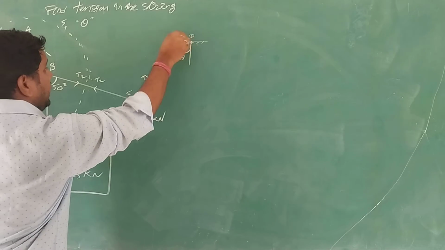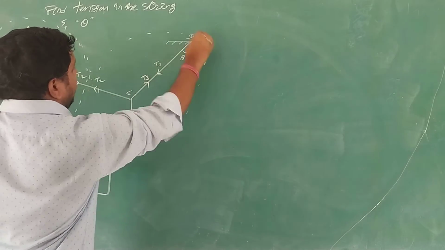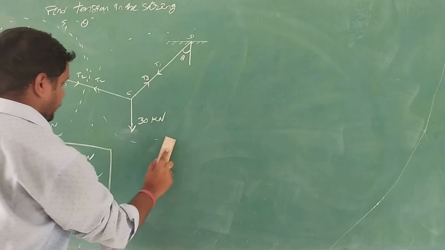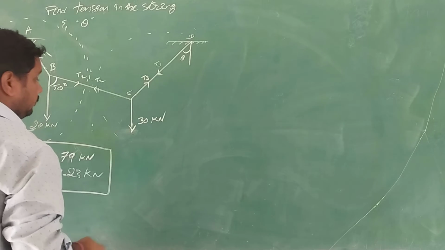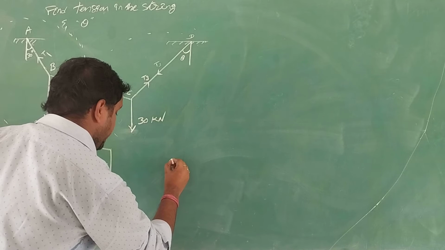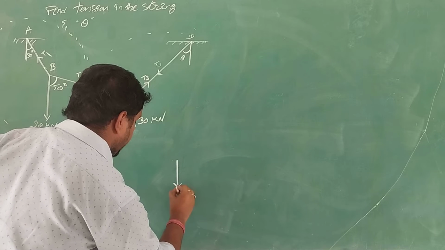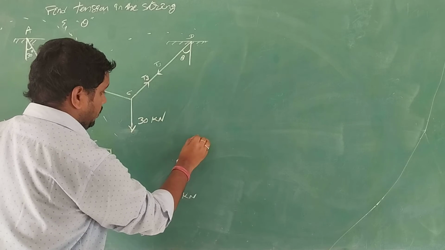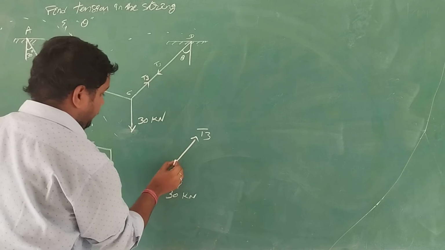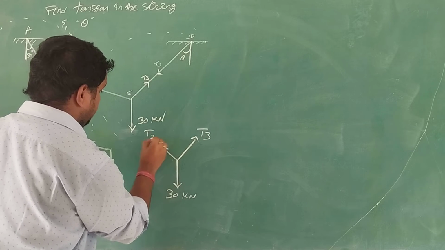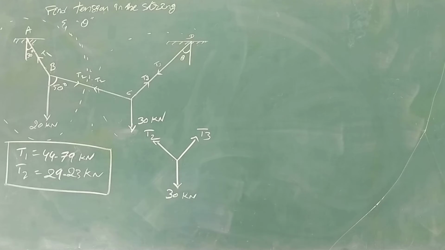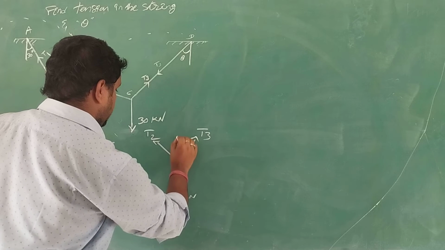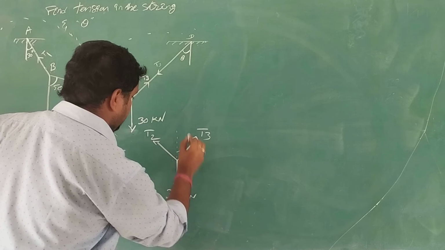T3 comes in this portion. So I will break this portion into parts. So how? Weight is 30 kilonewton. This is T3. This is T2. Okay. Now, this angle is theta. So this angle is also theta.